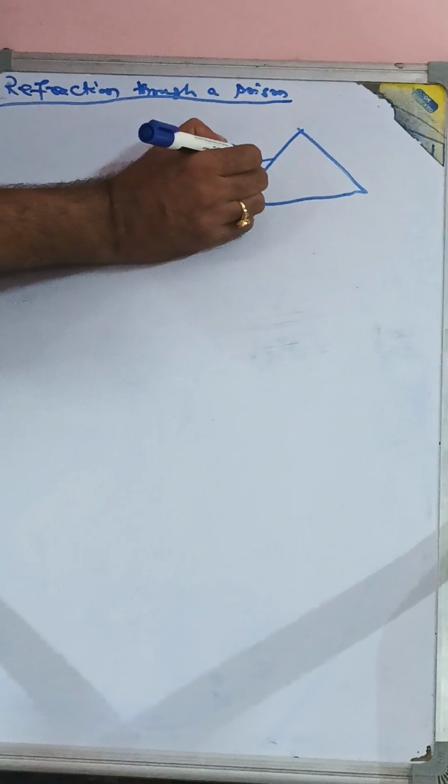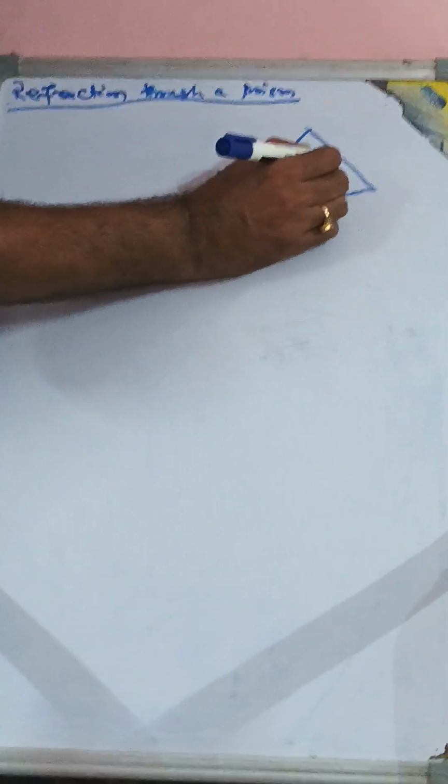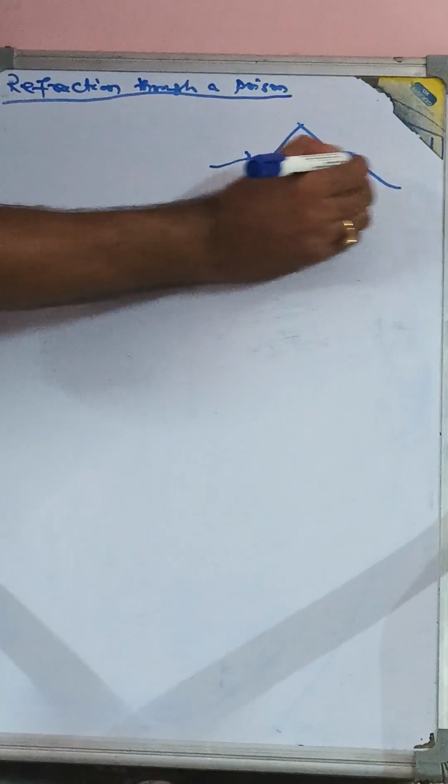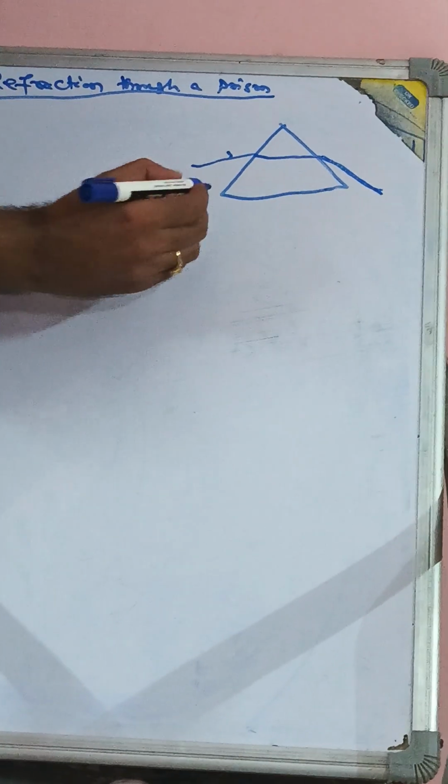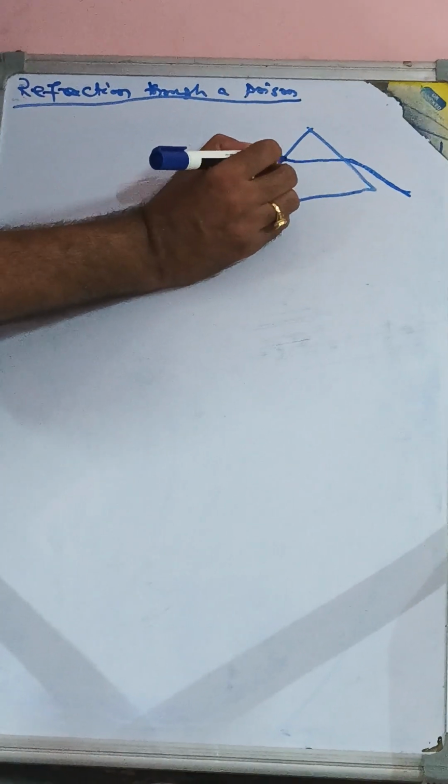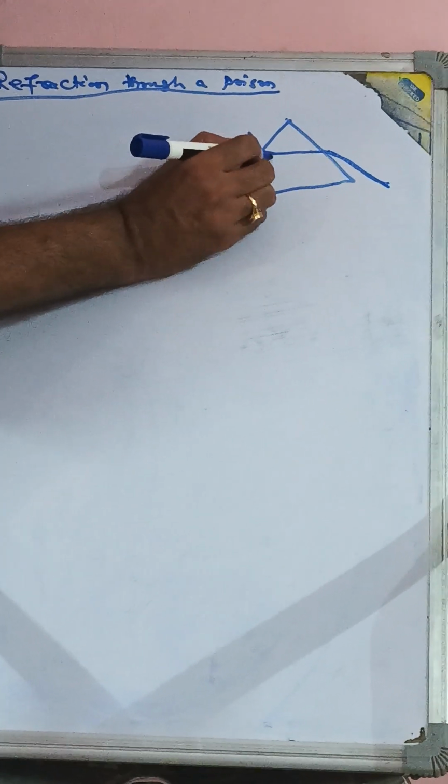We draw a prism first. This is the incident ray, this is refracted, and this is the emergent ray. Then we draw a normal.